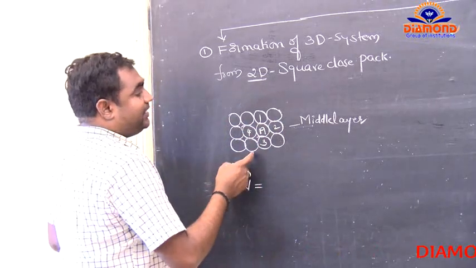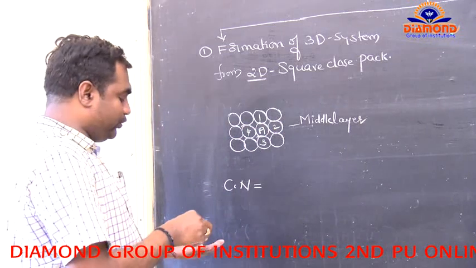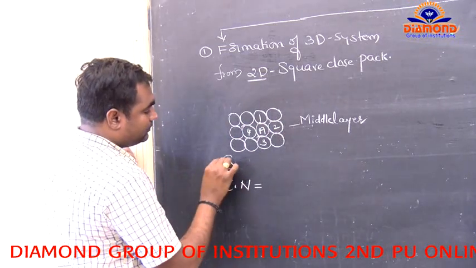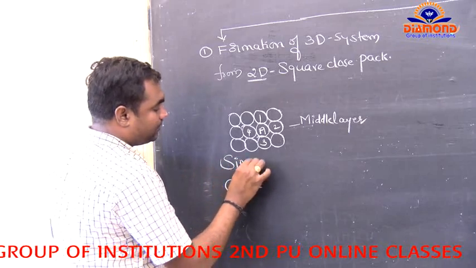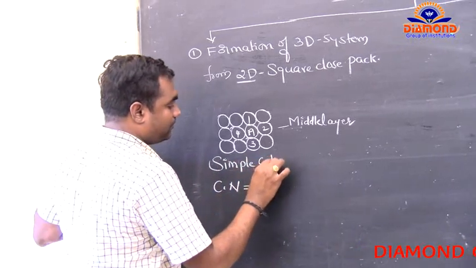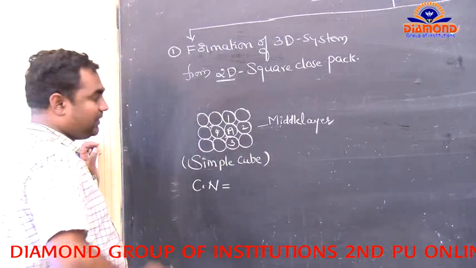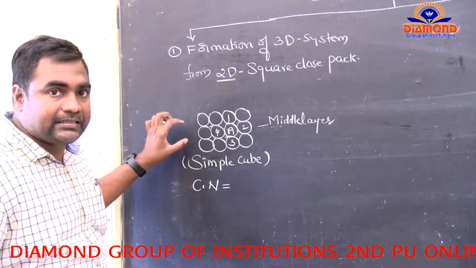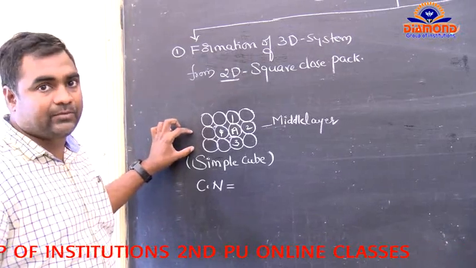This type of arrangement is called a simple cube. Here you have to imagine the three-dimensional diagram only.